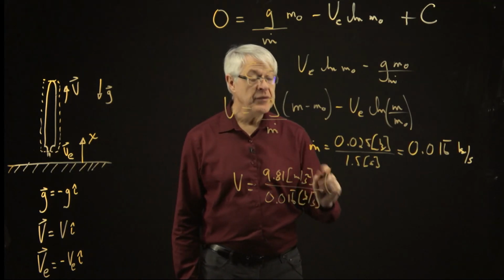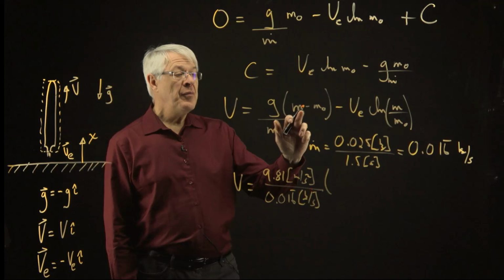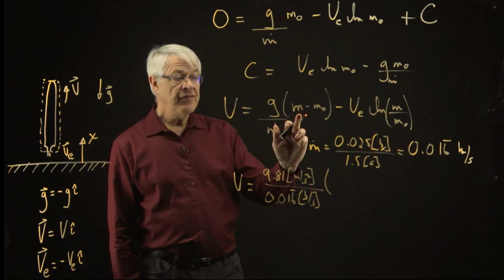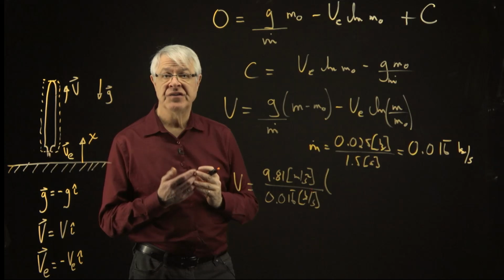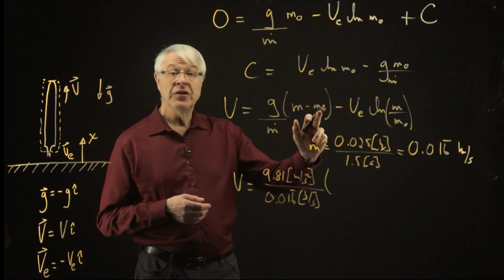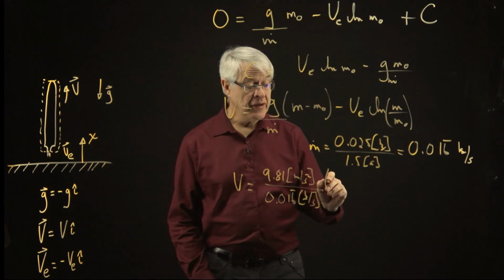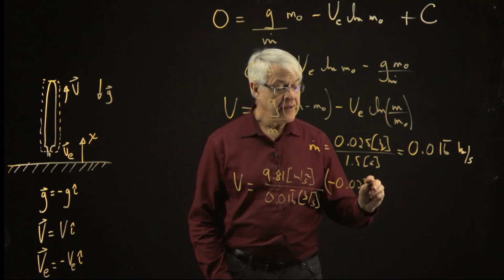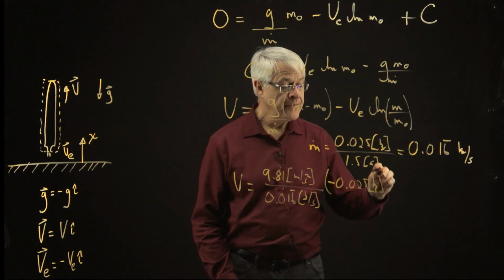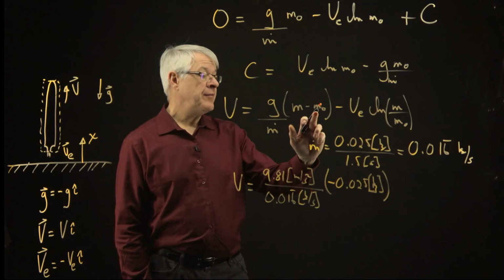Now, you have to be careful here. M minus m naught, that's the final mass minus the initial, and that's going to be a negative number because the final mass is smaller. And that's going to be our 25 grams again, but negative 0.025 kilograms. So that's our m minus m naught.